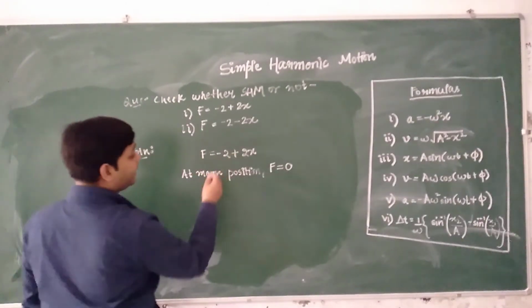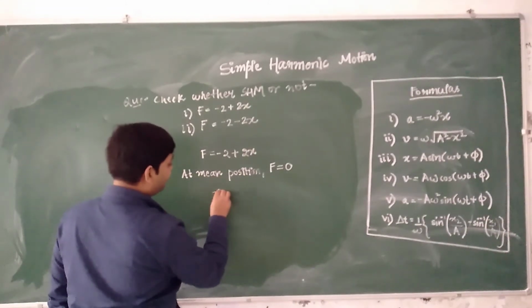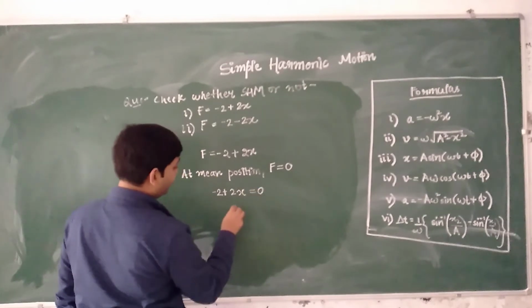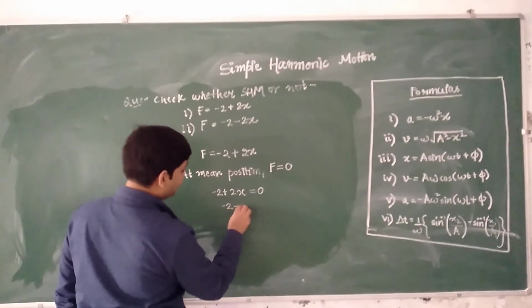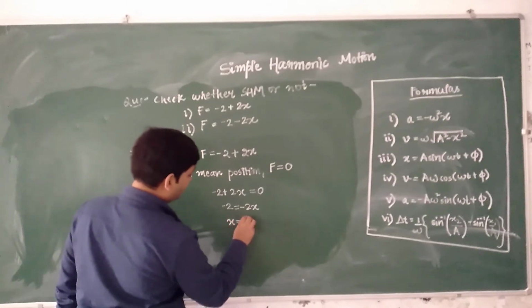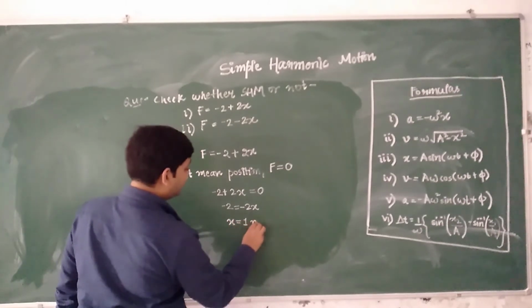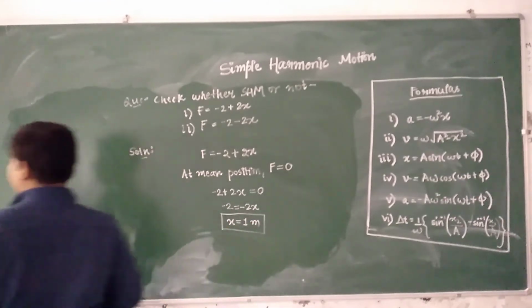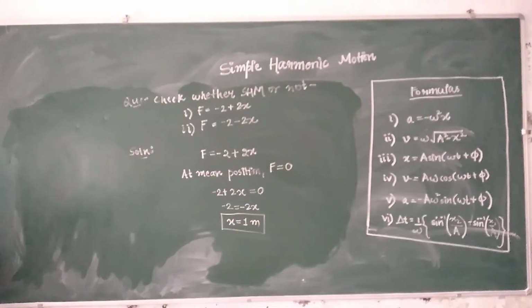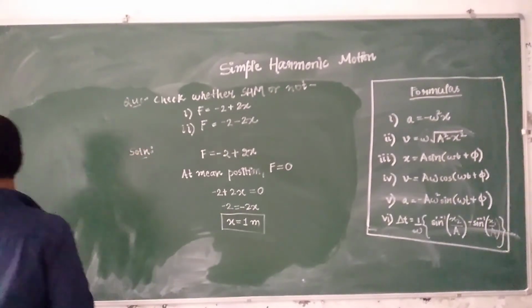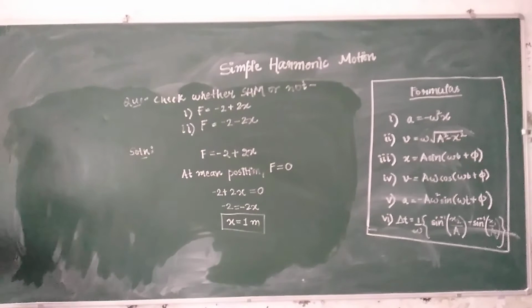So if we equate this equation to 0, we will have minus 2 plus 2x is equal to 0, or minus 2 is equal to minus 2x, or x will be equal to 1, right? So that means the mean position of the particle is x is equal to 1.